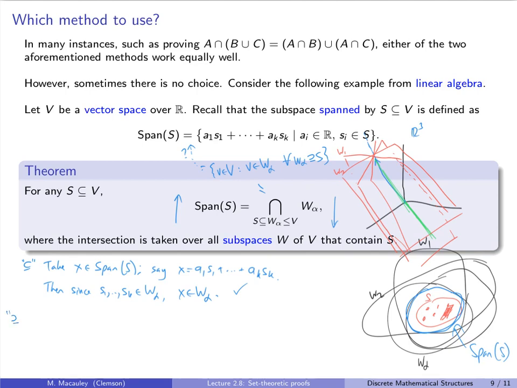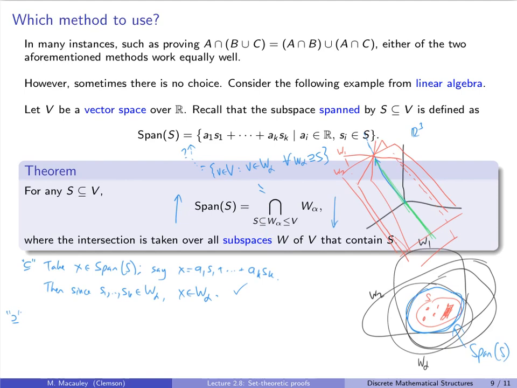So the other containment, one reason why I really like this example is because the first method doesn't really work. But also, with the second method, we can't just do what we've done before and take an arbitrary element in the right-hand side, because I don't know how to express an arbitrary element in the right-hand side.